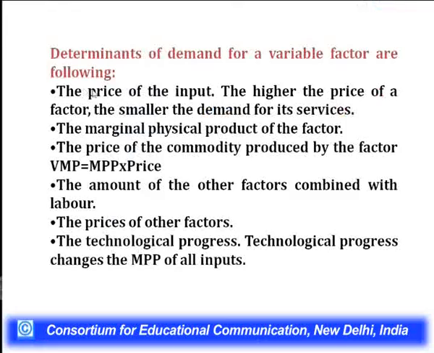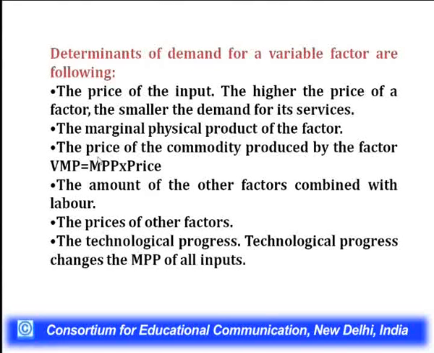You can also know what the factors affecting demand for a variable factor are. Number one is the price of the input. The higher the price of the factor, the smaller the demand for its services. Second is the marginal physical product of the factor.